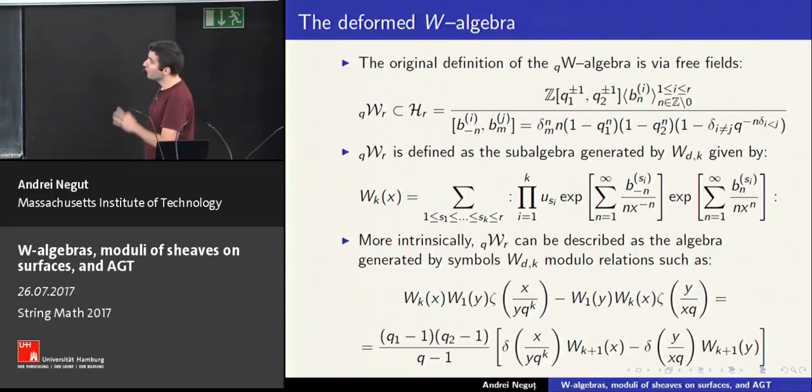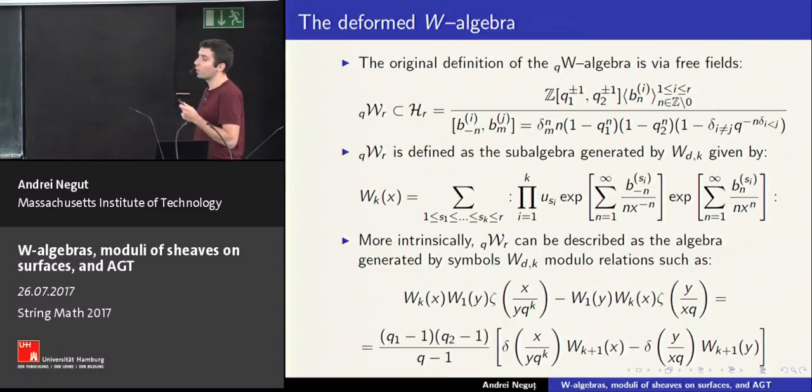So very importantly, the relations between the generating fields of the W-algebras are quadratic, which is actually not true of the classical W-algebra. If you take the associative algebras corresponding to a classical vertex operator algebra of type GLR, the relations between the defining fields are not going to be quadratic.